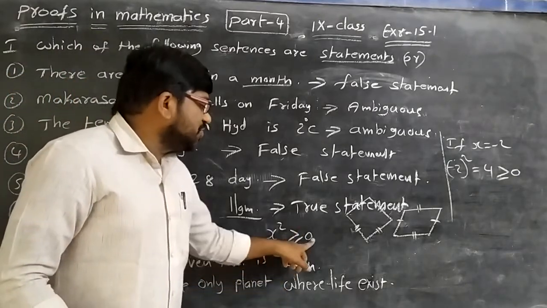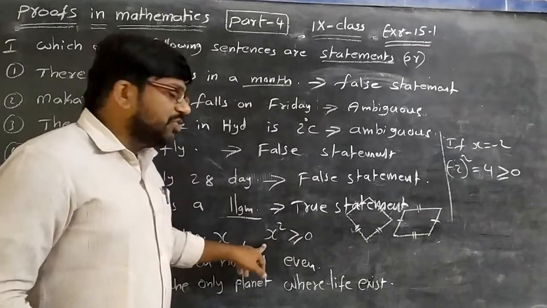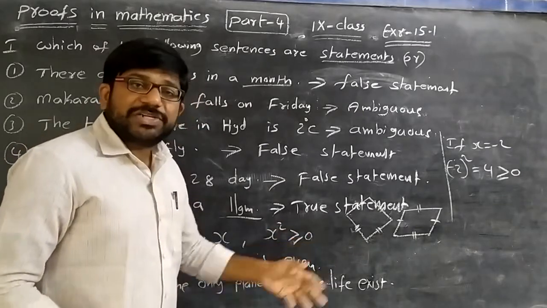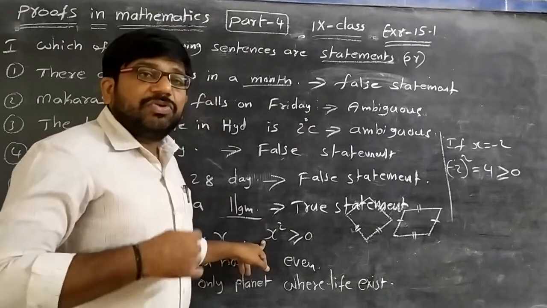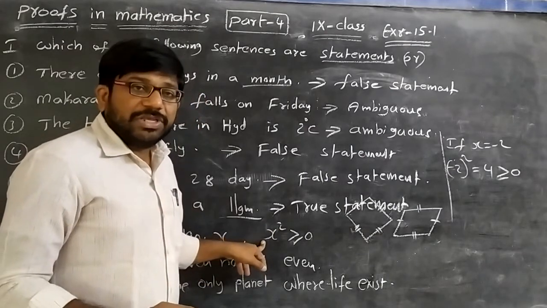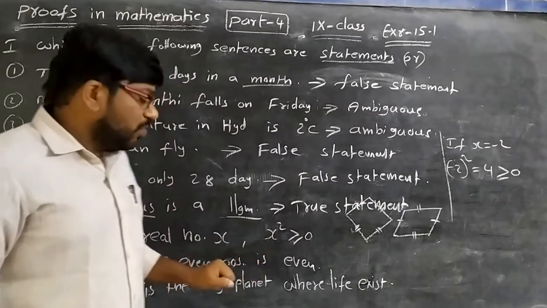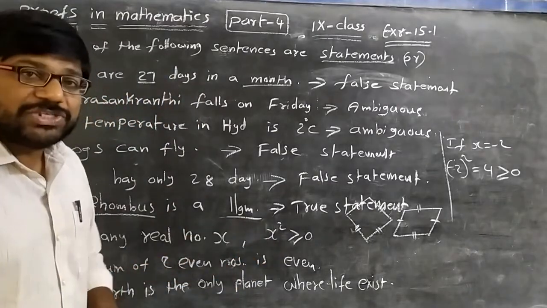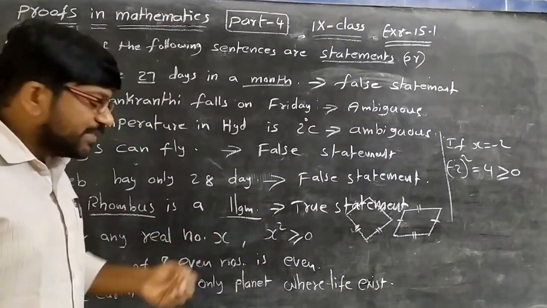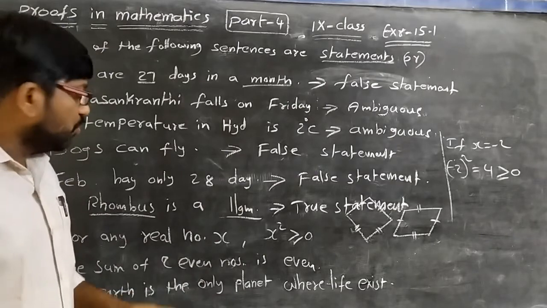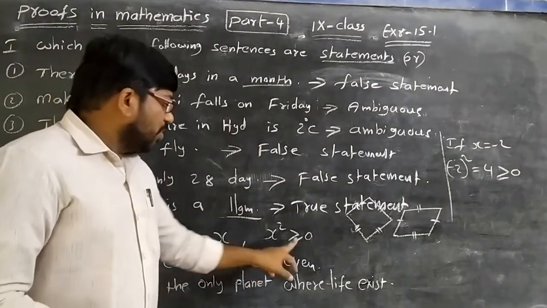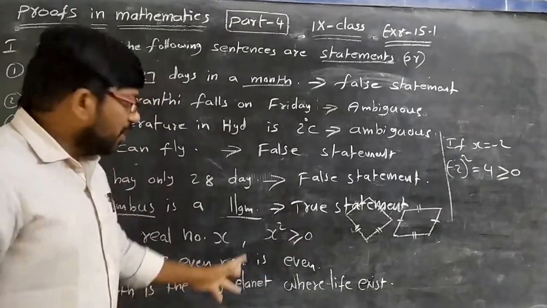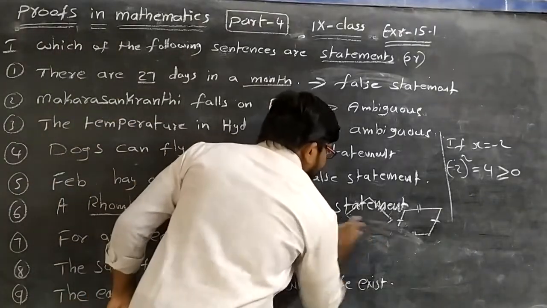If x is 0, 0 square is equal to 0. So square makes even a negative number positive, right? So it is true. It is a true statement. You can check by taking any x value.